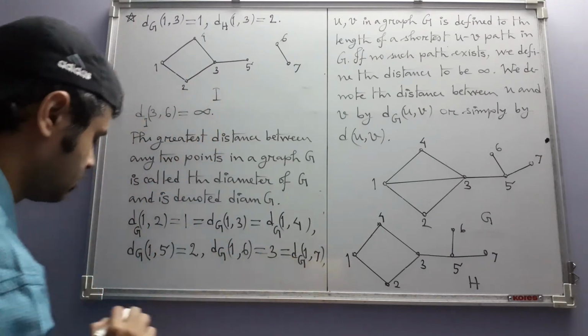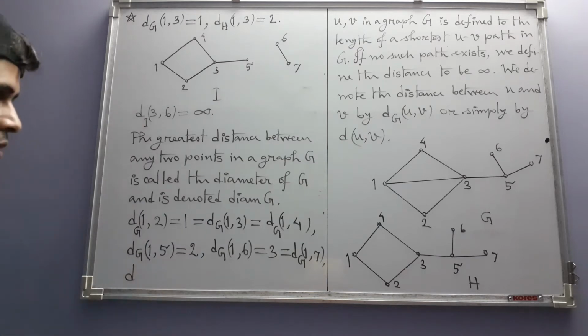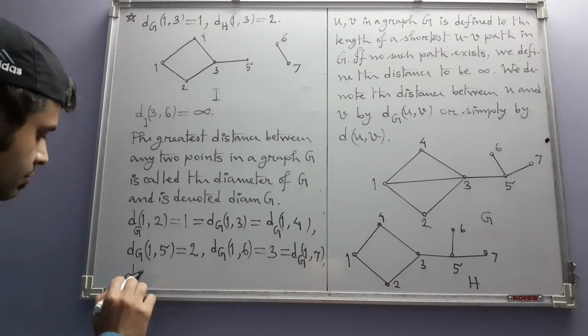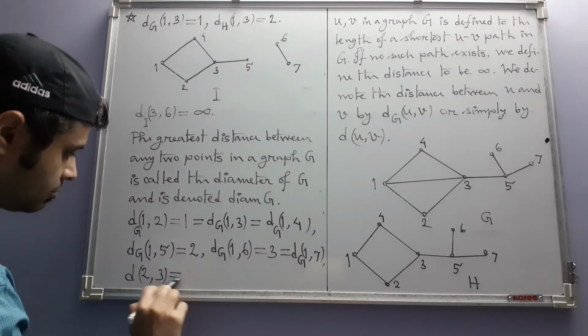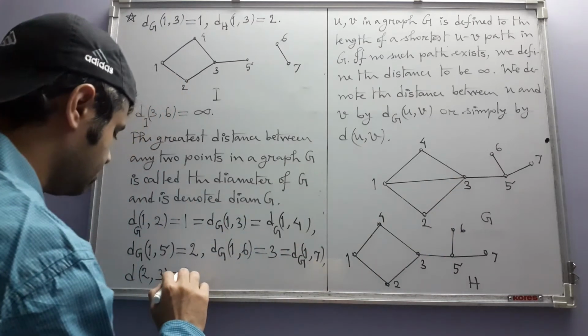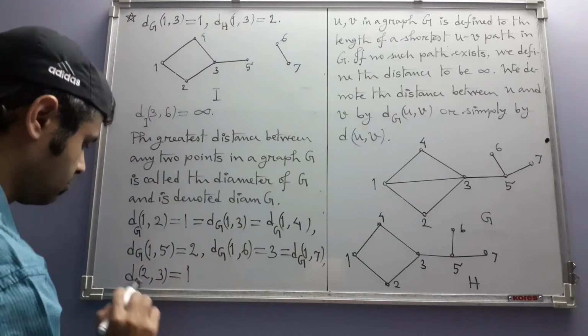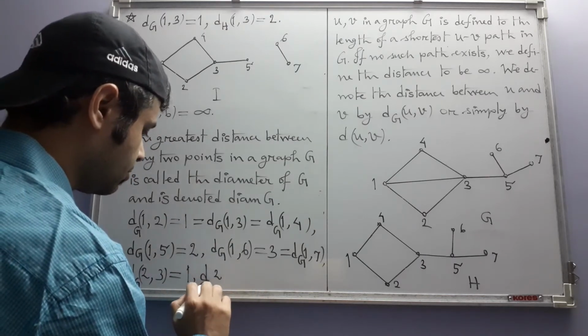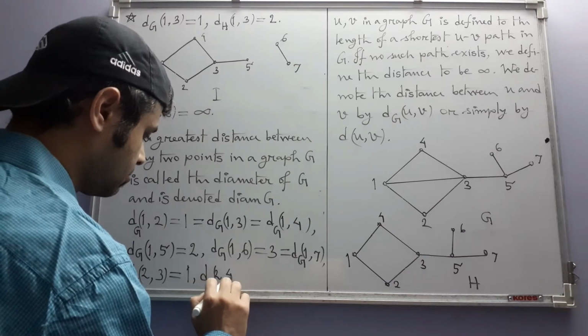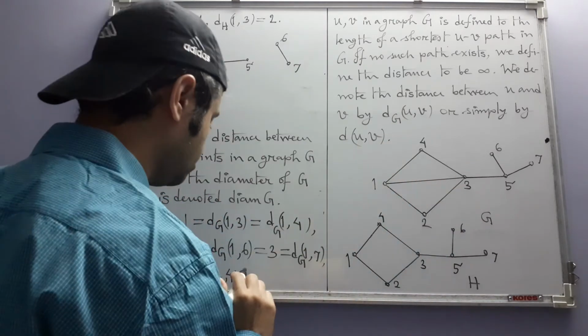Then the distance between 2 and 3 is 1, that between 2 and 4 is 2.